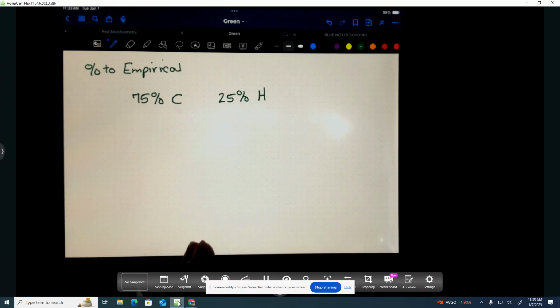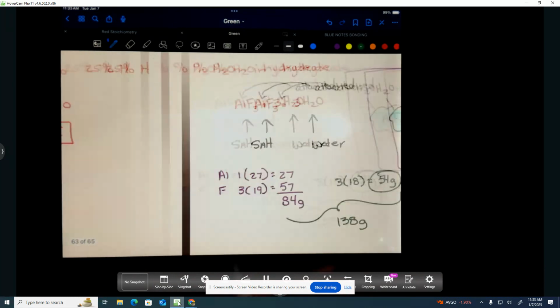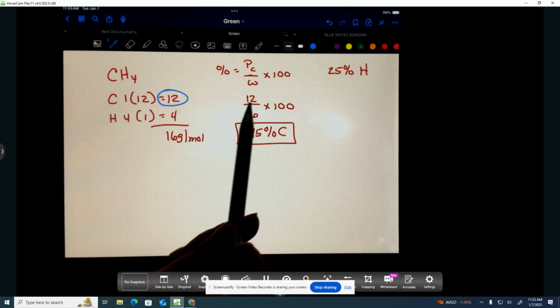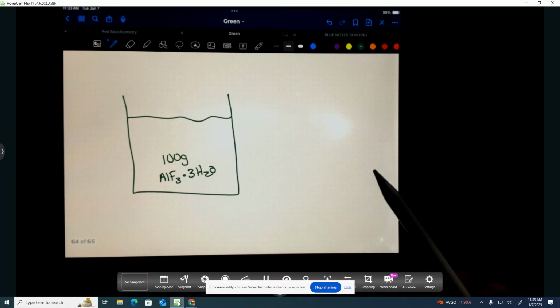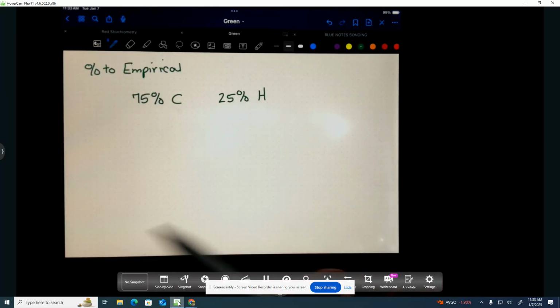We did it the other way: I took the substance and made it into percents. But what happens if I want to take the percent and make it back into an empirical formula?